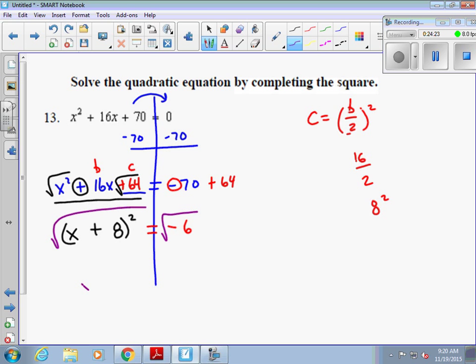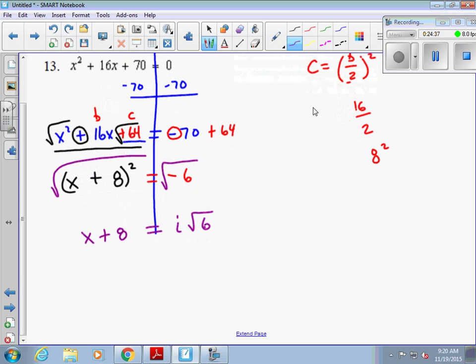Now you have something that says x plus 8 is equal to, we have the square root of a negative number, just like a minute ago. Take the negative out by multiplying it by i. So it's both positive and negative i times the square root of 6. In order to get x isolated or all by itself, you subtract 8, and you subtract it on this side. Remember, you can't take 8 away from the square root of 6 because they're not like terms.